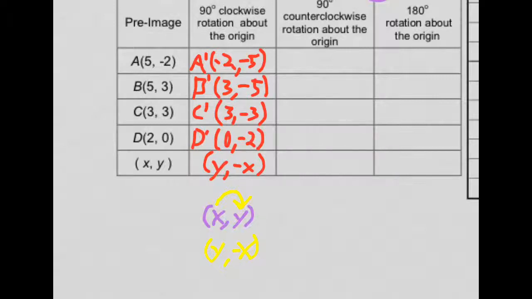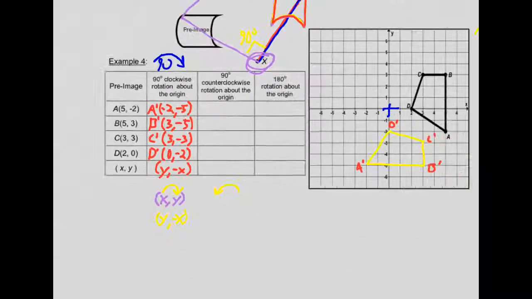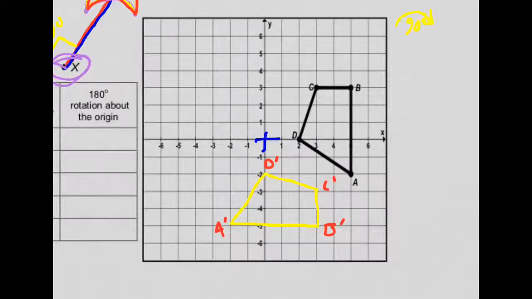Well, what about counterclockwise, 90 degrees about the origin? Let's take a look. So I'm going to select my graph here real quick. And we're going to bring my image back here, roughly. And then 90 degrees counterclockwise about the origin. Move it up just a little. Alright.